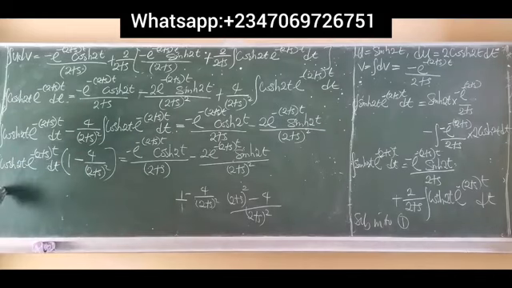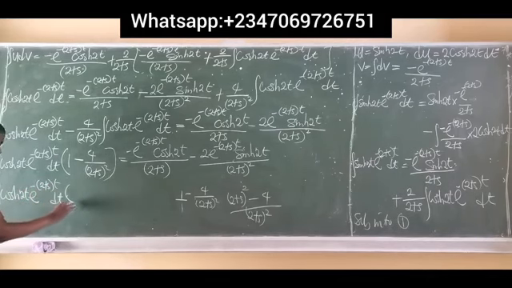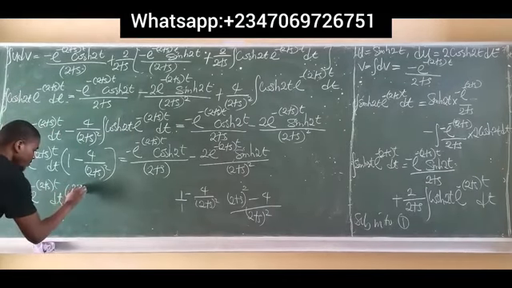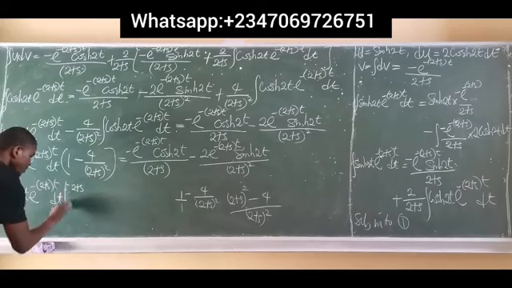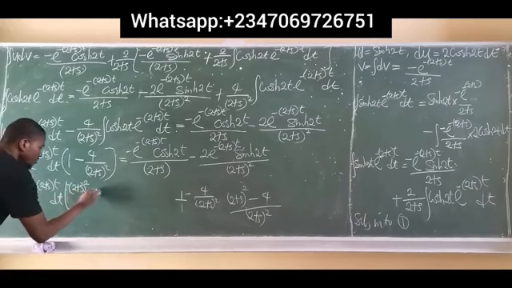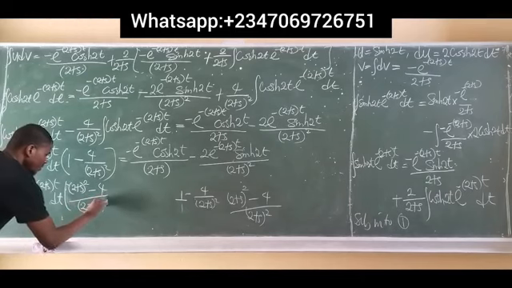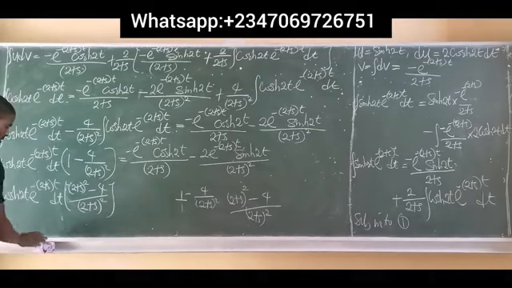This becomes the integral of cos 2t e^(-(2+s)t) dt, multiplied now by (2+s) all squared minus 4, all over (2+s) all squared. So we have this.